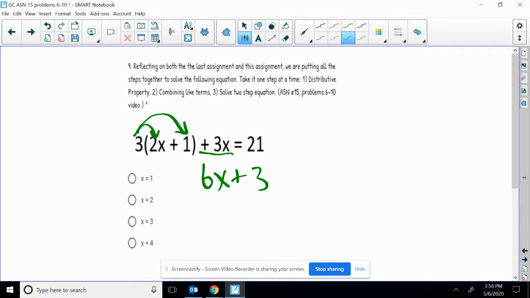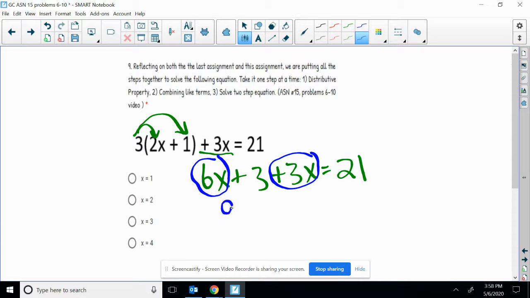And I'm bringing down what I have left, which is 3x. Now, I'm combining my like terms. I have 3x here, and there's a positive in front of it, and 6x here, which is also positive. There's no negative in front of it. So 3 plus 6 is 9x. I'm going to bring down my number, which is plus 3 left on that side of the equation.